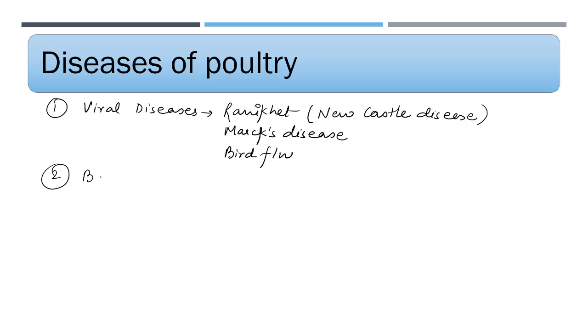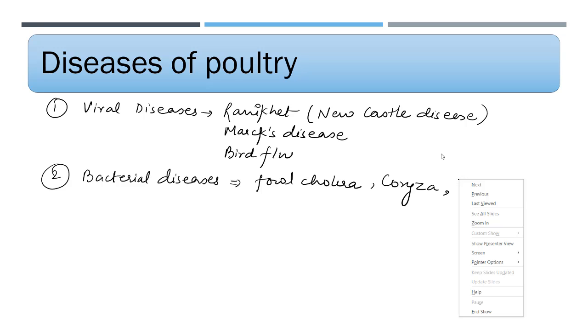Bacterial diseases: fowl cholera, coryza, typhoid and paratyphoid. Main are coryza and fowl cholera.